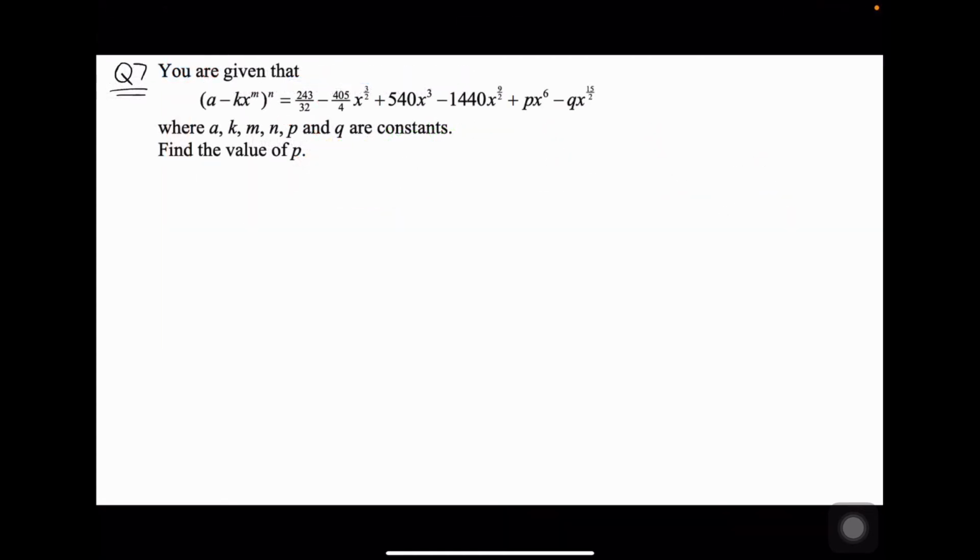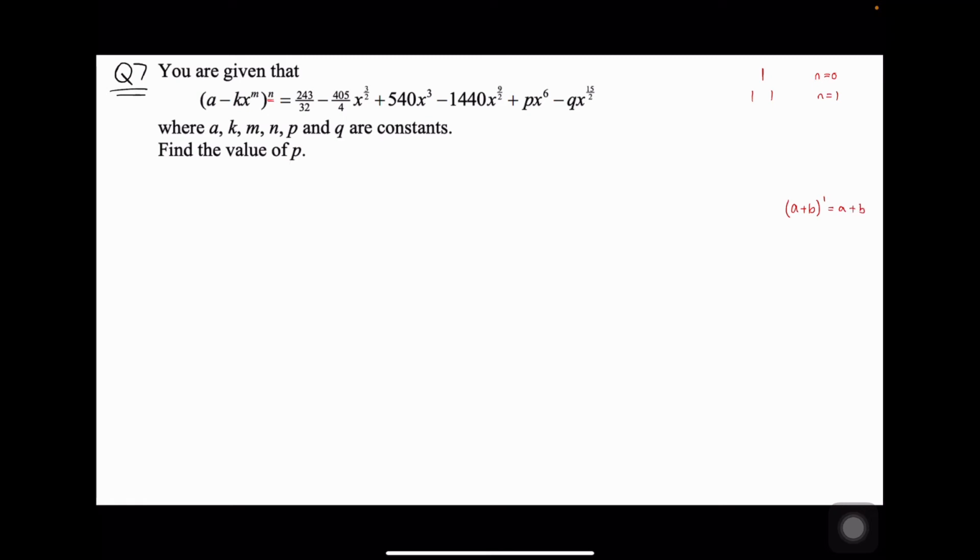Alright, so question 7 is a binomial expansion question. And as I said in my clue, you can tell by how many terms there are what the n value will be. So remember in Pascal's triangle, the first term is 1, and that means your n value is 0. If you have 2 terms, n equals 1. So for example, a plus b to the 1 will give you 2 terms.